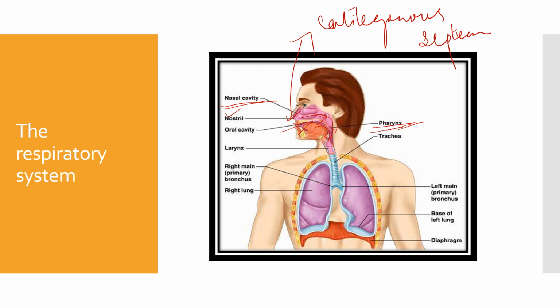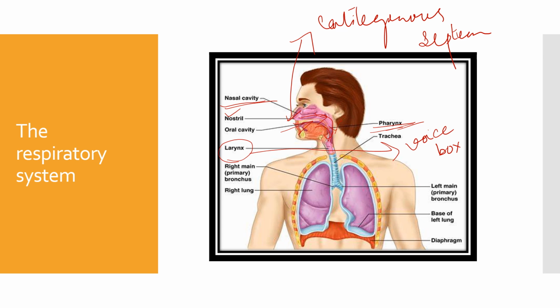So what is the pharynx then doing? The pharynx opens down into the larynx. The larynx is also called the voice box. At the juncture of the larynx, we can say that it is also connected to the esophagus, or the food pipe.